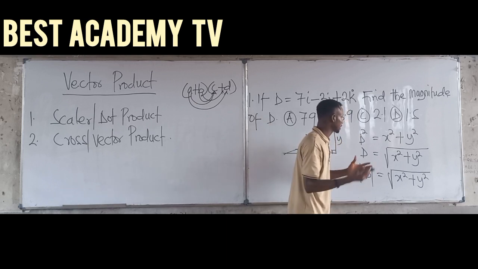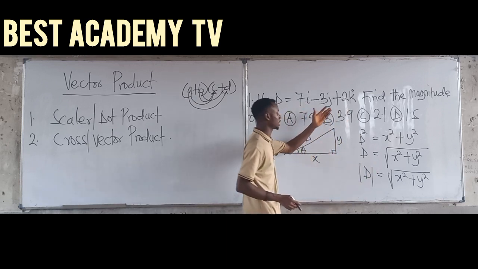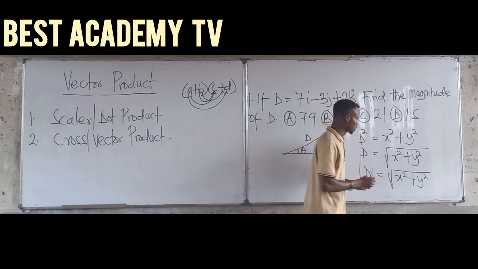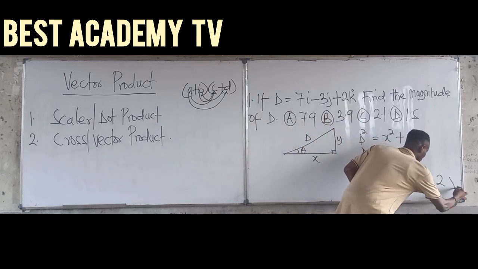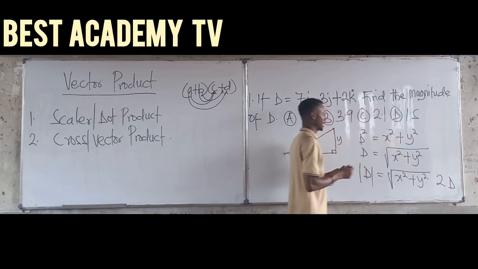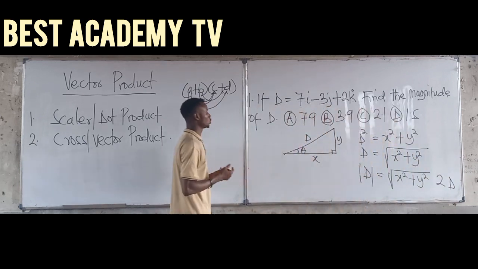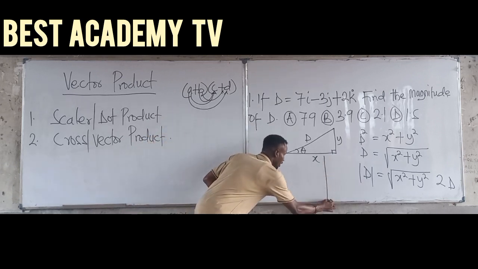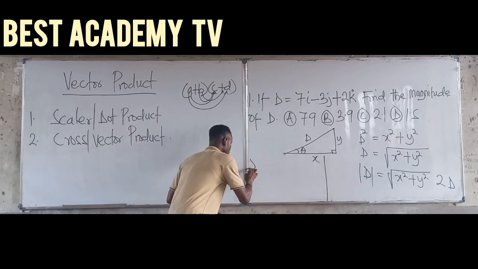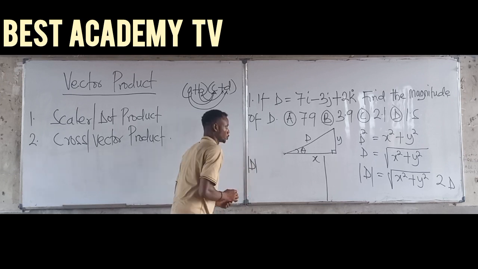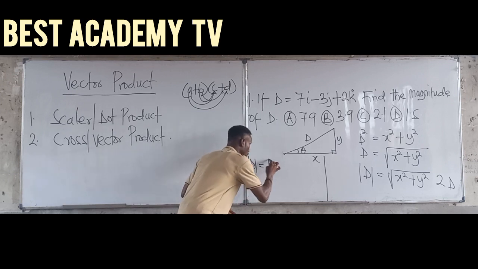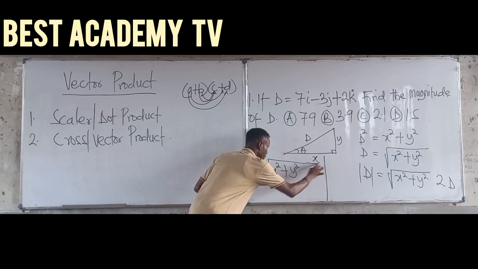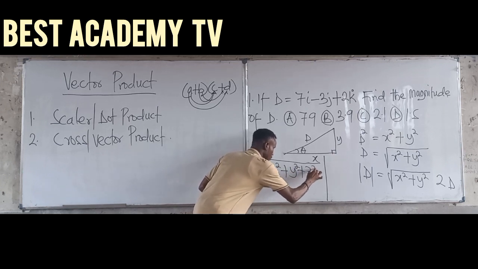So in 3 dimensions, that is for i, j, k, I'm going to include z. The previous one is for 2 dimensions, that is only i, j. So what is magnitude for 3 dimensions? The magnitude of d, with 2 strokes, will be equal to the square root of s squared plus y squared plus z squared.